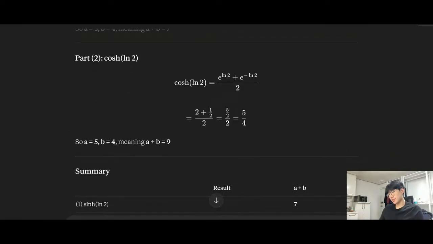Part 2, cosine hyperbola. ln 2. So cosine hyperbola of ln 2 equals e to the ln 2 plus e to the negative ln 2, over 2.